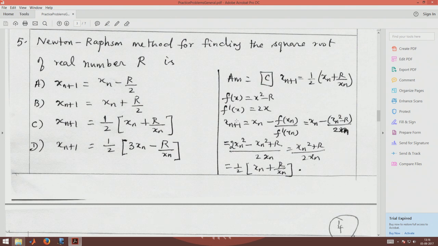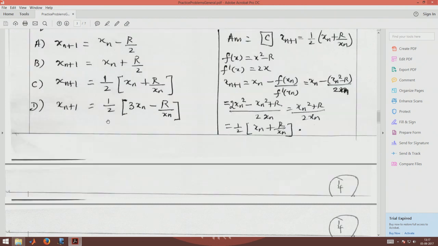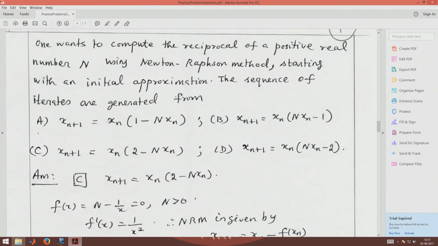So, find f dash of x. Substitute in x_{n+1} equal to x_n minus f of x_n by f dash of x_n. That is what appears here. Substitute, simplify, and you observe that it appears here, half of x_n plus r by x_n. So, you mark C is the correct answer.